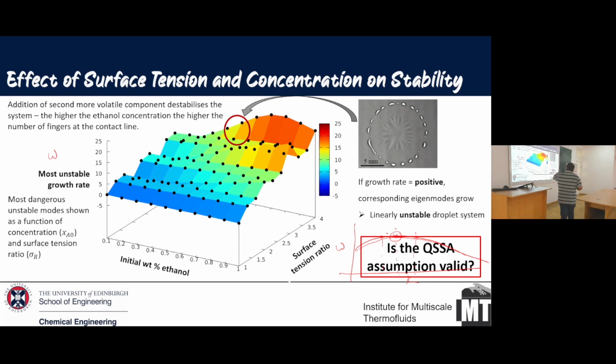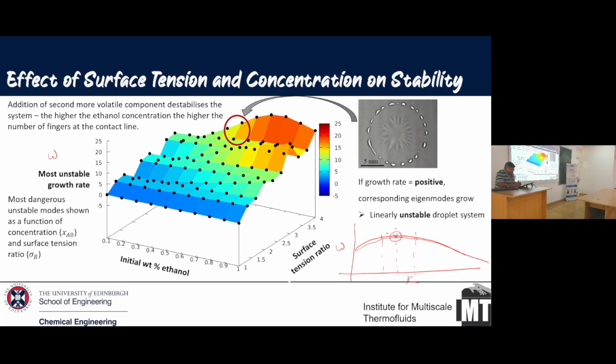So essentially, the question of whether QSSA is valid comes into the picture. The anomaly comes up because you've got multiple modes which are highly active, and if you have multiple modes, you should see a lot of activity within the droplet. We don't see that. You should see a lot of competing motion, like ocean waves, a number of waves competing with each other.